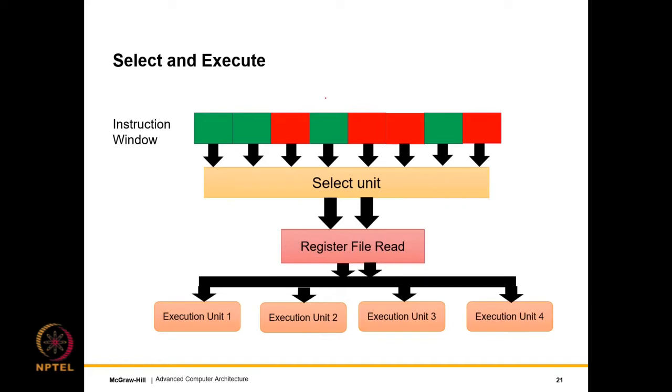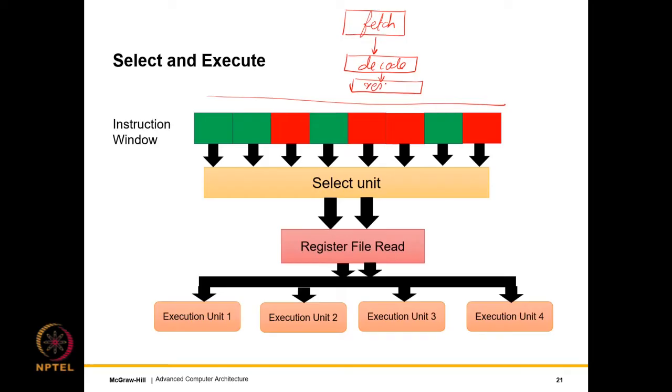So let us look at this part of the pipeline. So the earlier part, what did we have? We of course had fetch. So fetch had a host of things like branch predictors and so on. Then we had decode. Then we had rename.